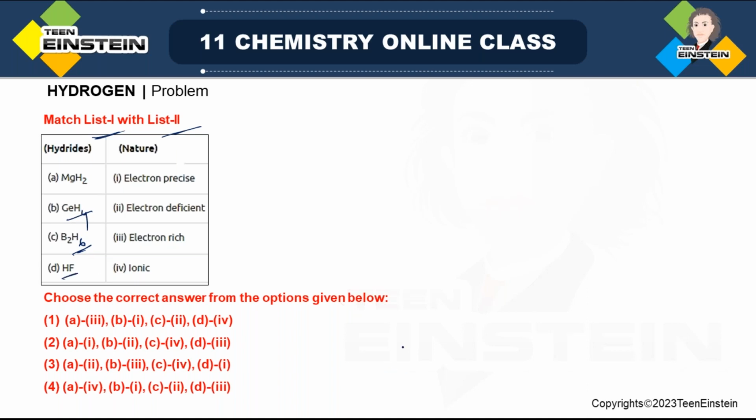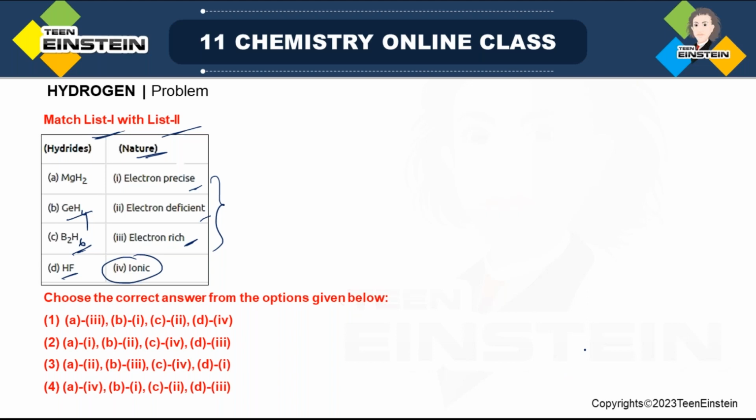And in the right hand column, we have the corresponding nature: whether it is electron deficient, precise, or rich. Now these 3 are basically covalent hydrides.